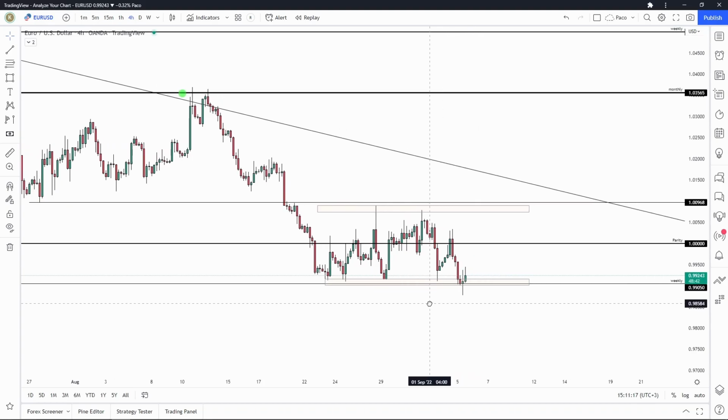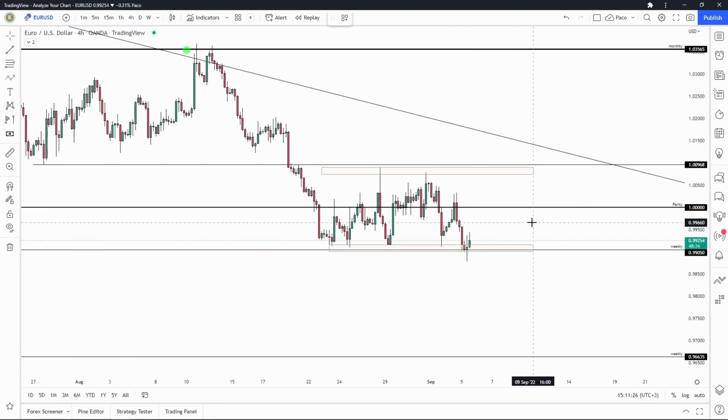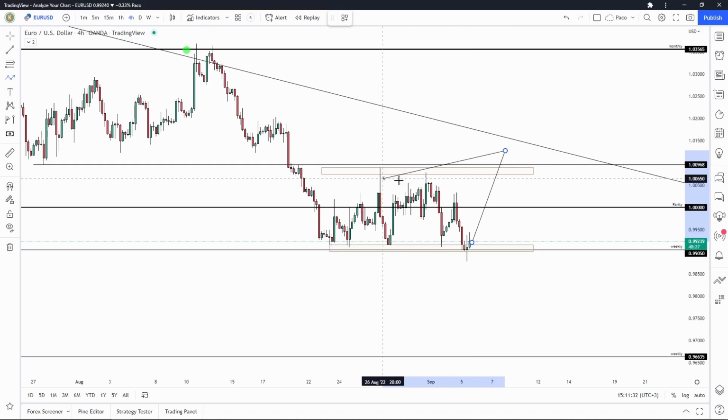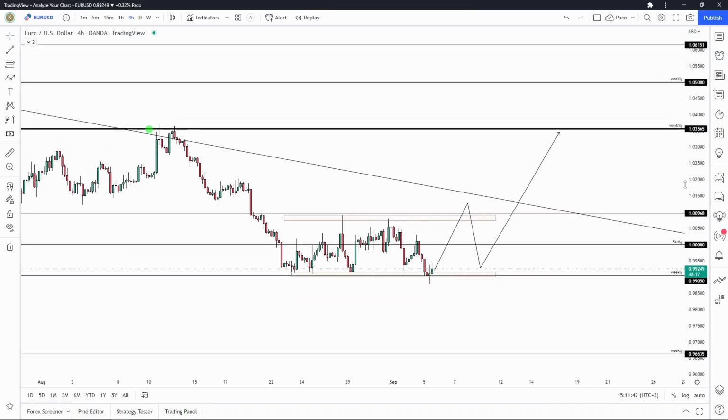Over here, our expectation for the next weeks is for the price to make a bullish movement again, to break these highs over here, to come back down to test this range, and for a very long time to make a bullish movement.